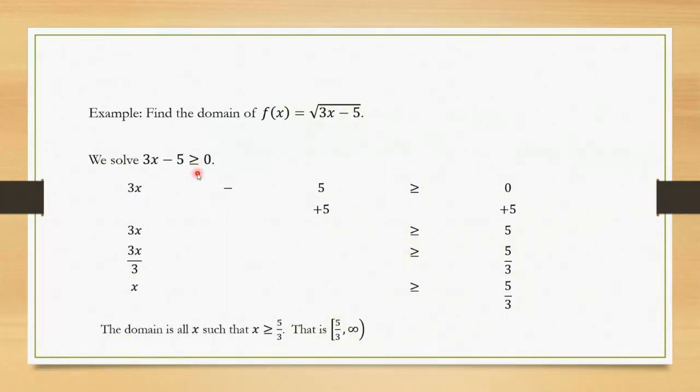We're solving this inequality, and we get x greater than or equal to 5/3, which means the domain is all x such that 3x minus 5 is non-negative. So we had to solve this, and by solving it, we get this occurs when x is bigger than or equal to 5/3. So this interval is our domain.